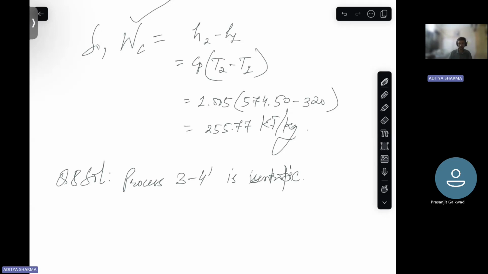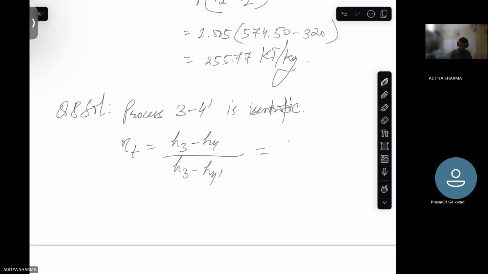For this, isentropic relation can be used. Basically, efficiency of turbine is H3 minus H4, that is less than H3 minus H4 dash. So this essentially is T4 dash. This is this.